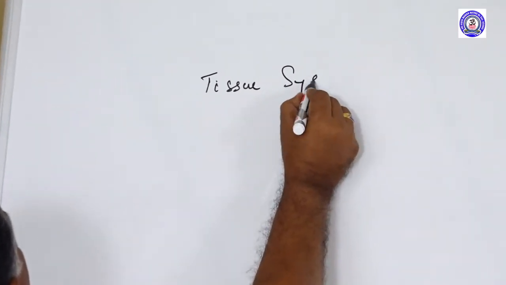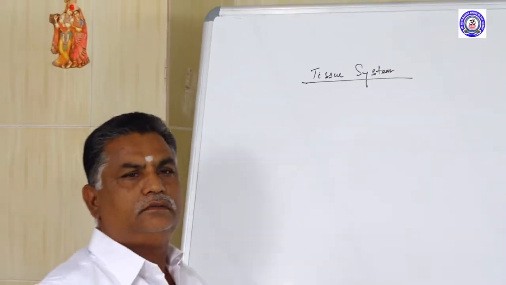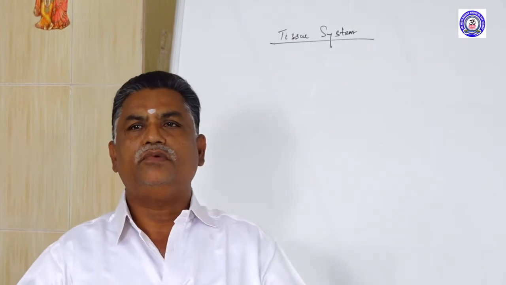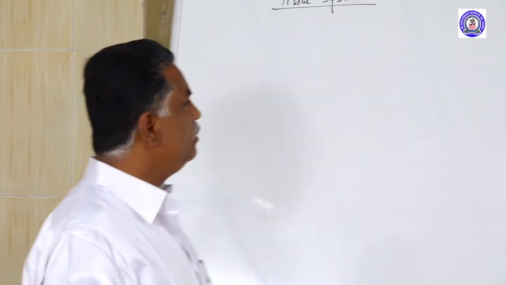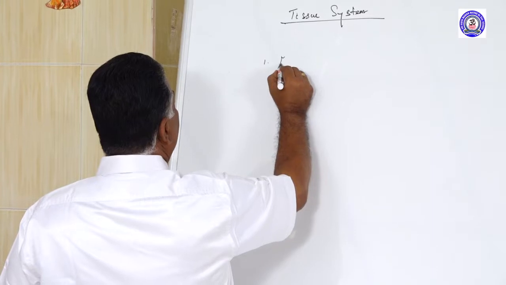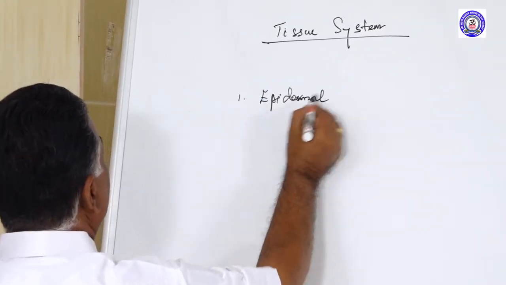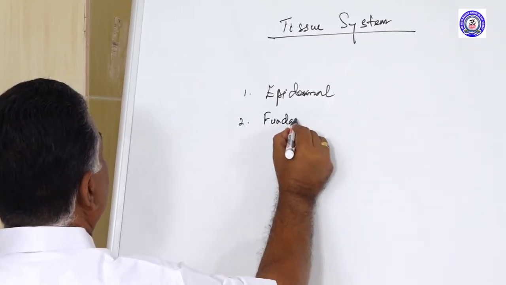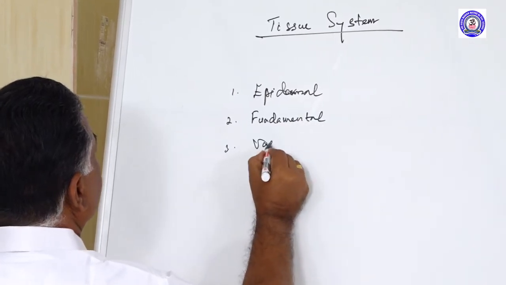Tissue system. Every plant body is made up of three types of tissues, namely epidermal, fundamental and vascular.